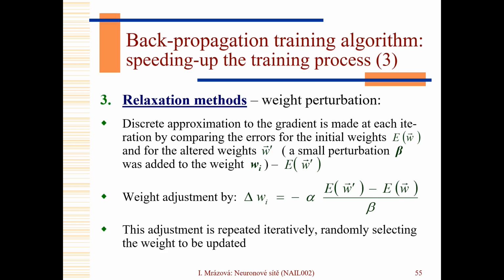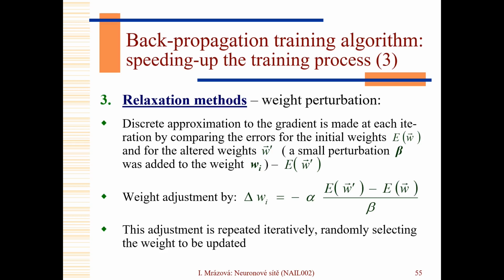So for the initial weights, capital E of W, and for the altered weights, which we will denote as W prime, we will get the error value equal to capital E of W prime.